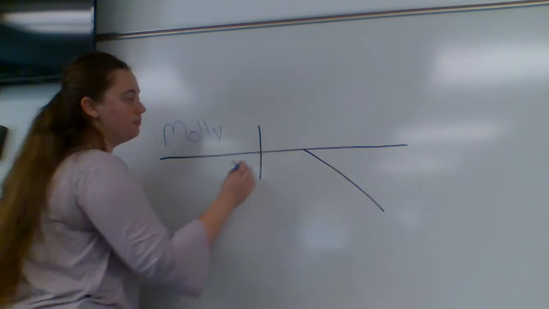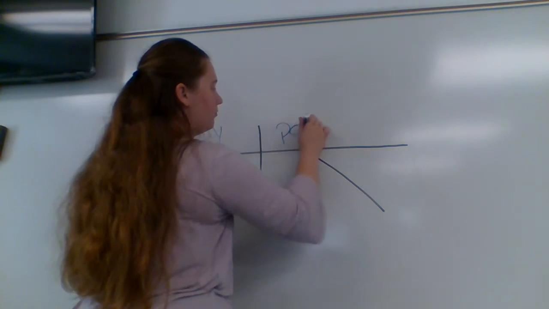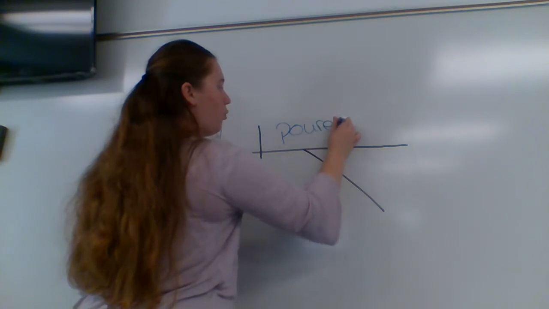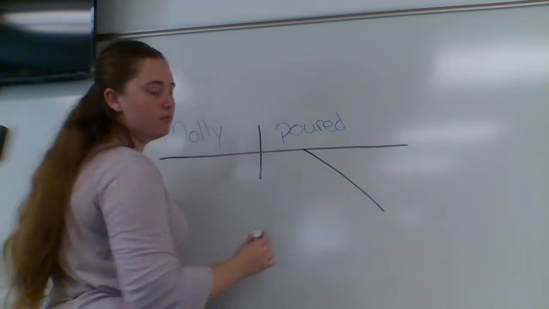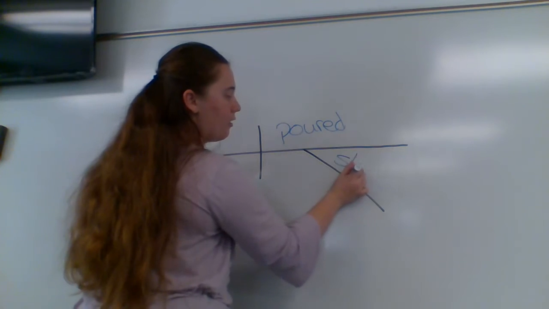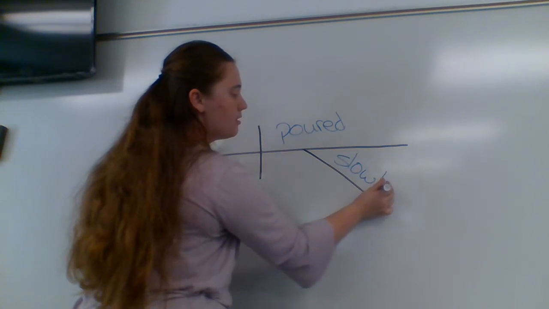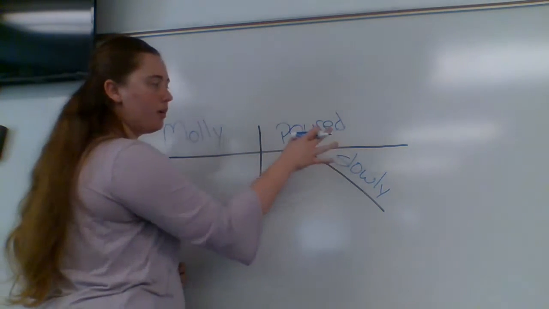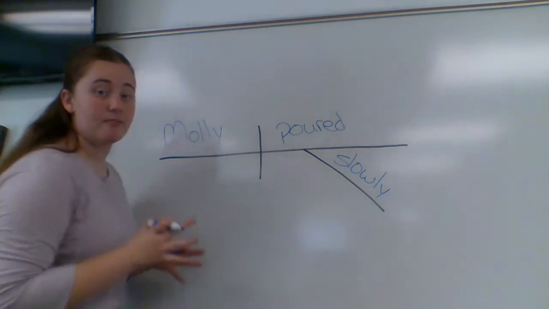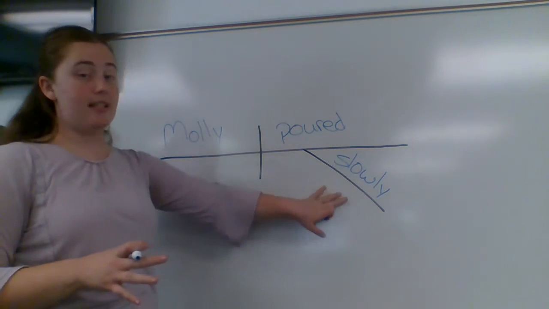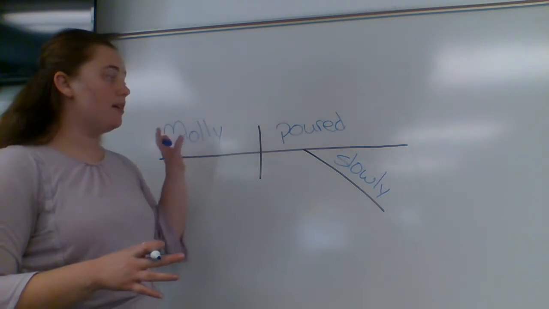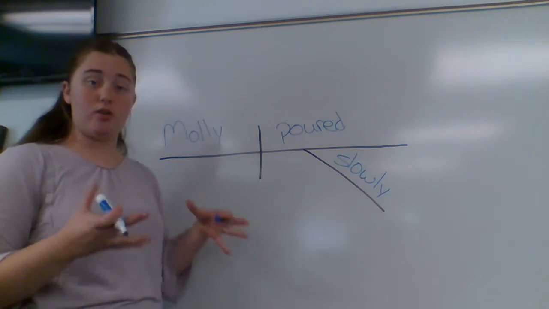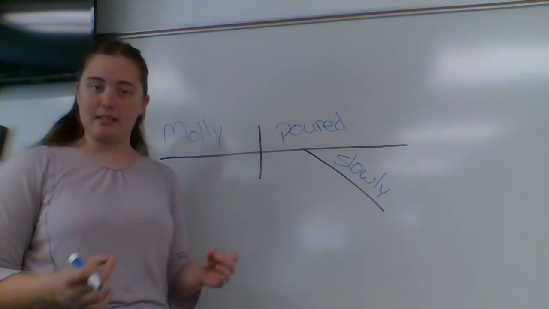Molly, poured, how? Slowly. So Molly poured slowly, and that is my adverb for this sentence, and it's describing poured, my verb. Subject, verb, and adverb. Make sure it's written down, and make sure your sentence is marked up as well.